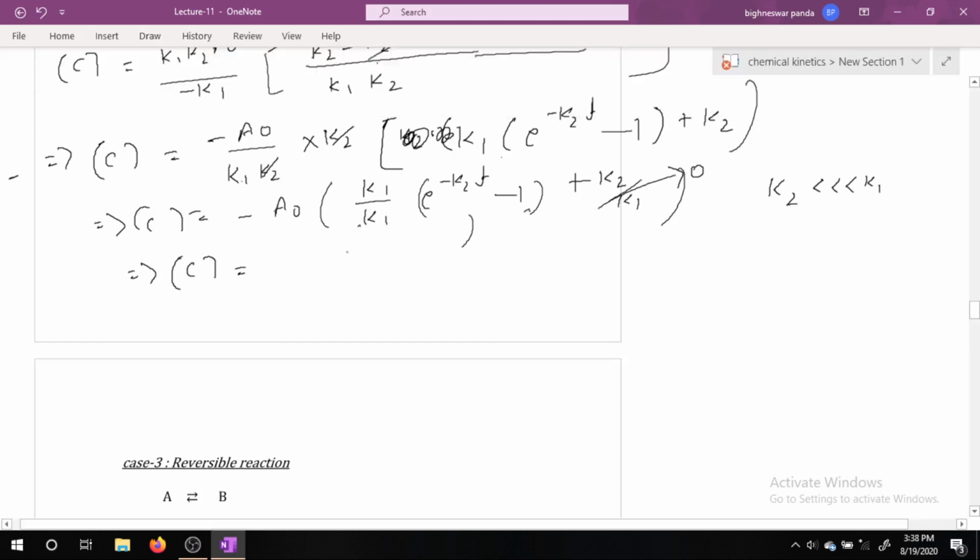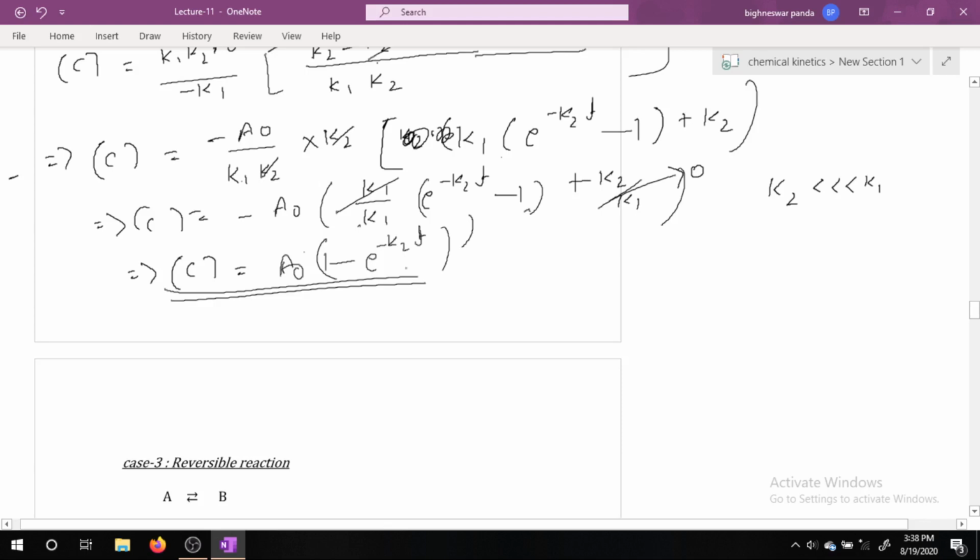Together, minus is multiplied here, and I can simply write A naught into 1 minus concentration.